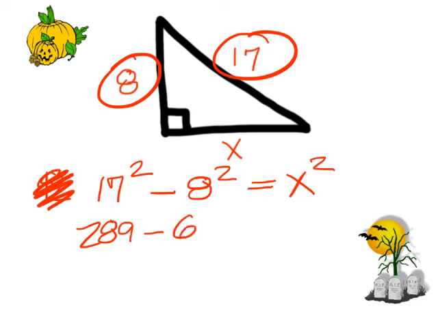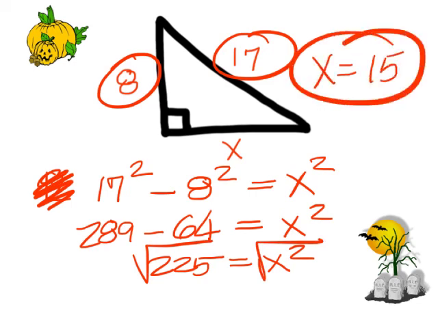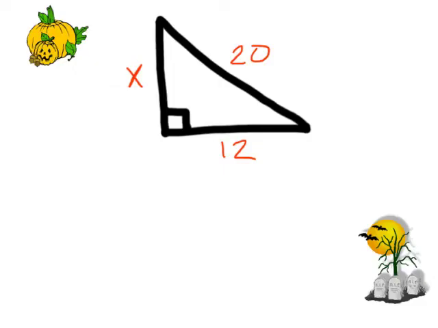So this would be 289 minus 64. That would be 225. And find the square root of both sides to get an answer of x equals 15. Try this one.